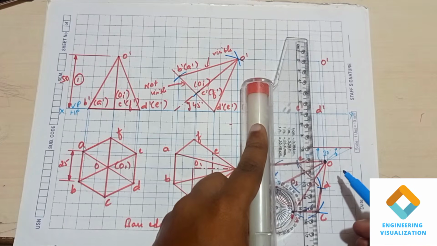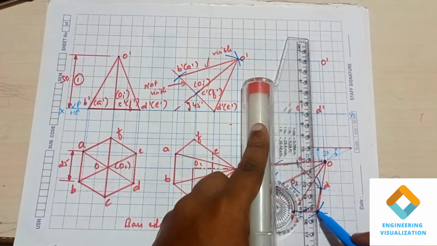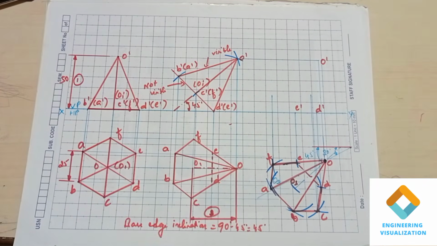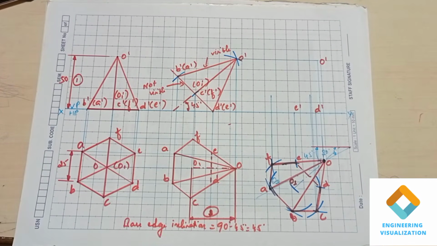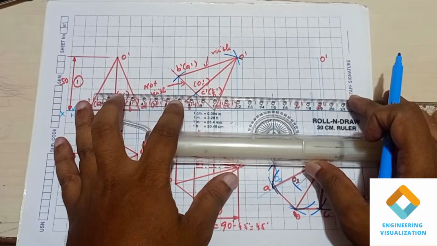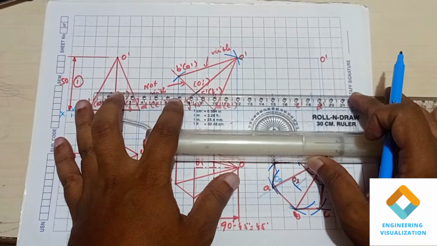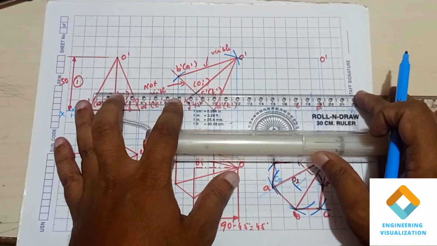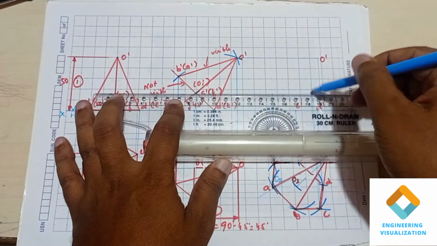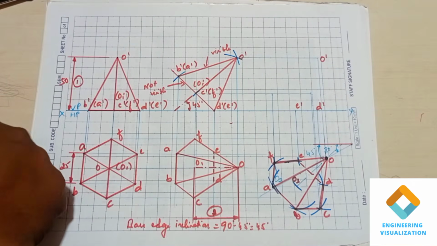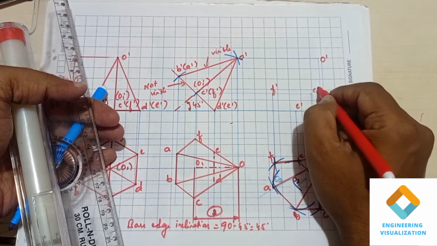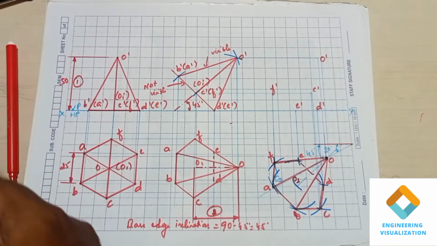Just draw the straight lines. This point as F dash and C dash.